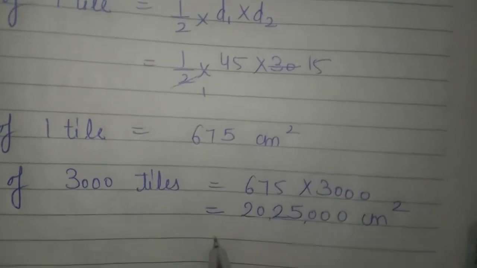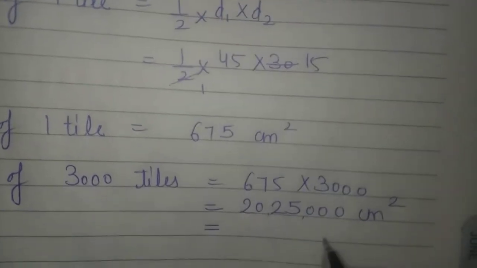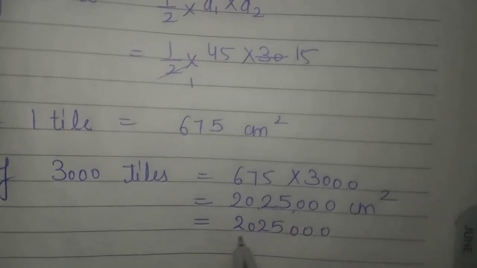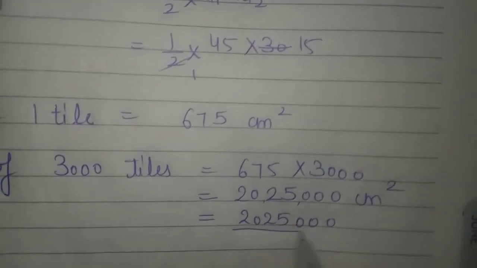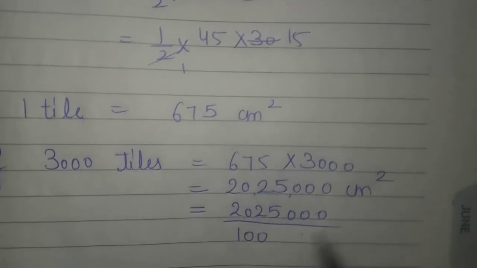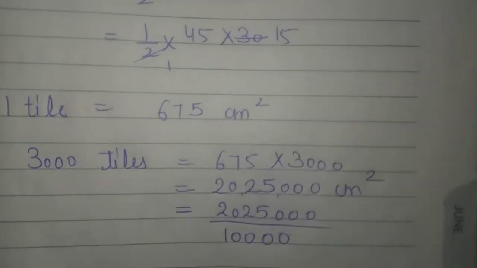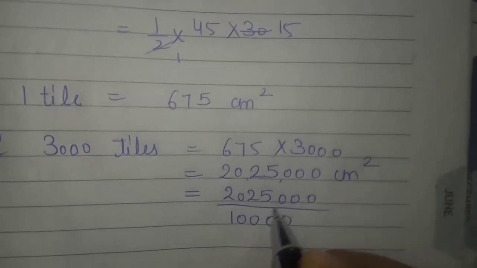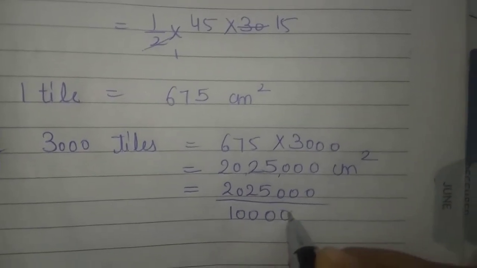It's a bigger term, so we will convert it into meter square. 20,25,000 divided by 100 for 1 centimeter and one more 100 for centimeter square. We'll divide it by 10,000.